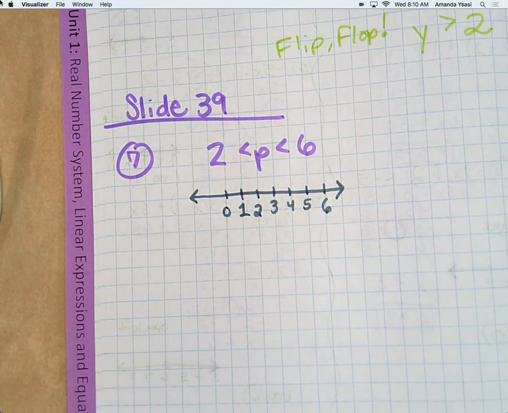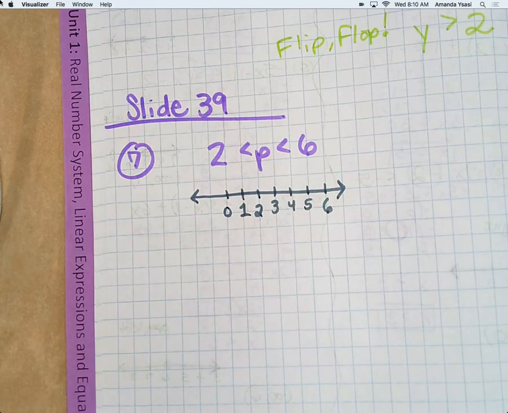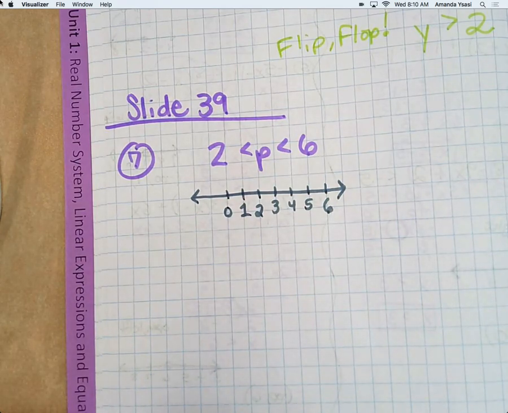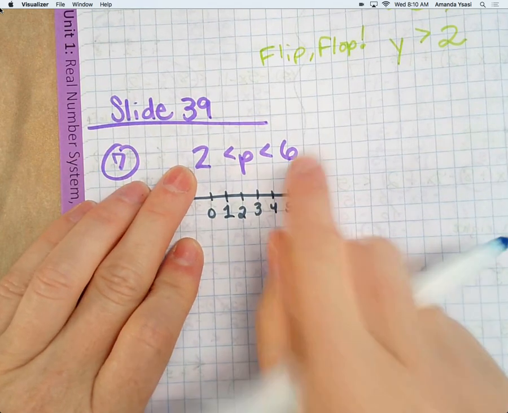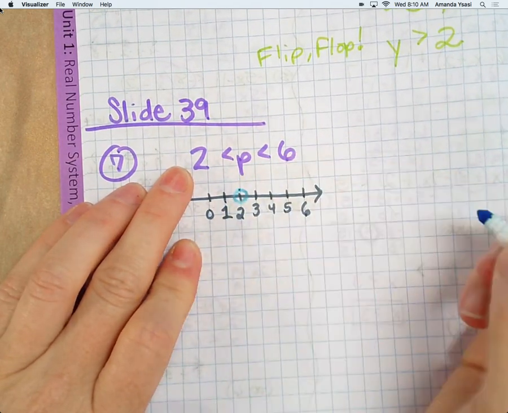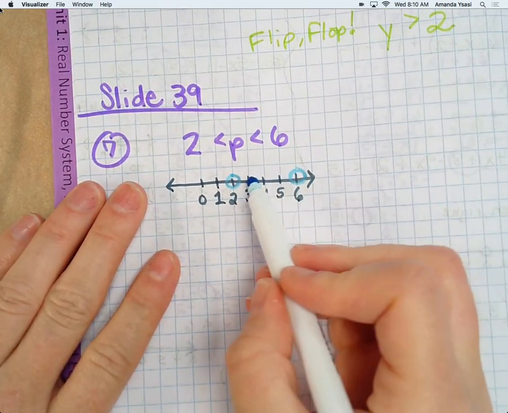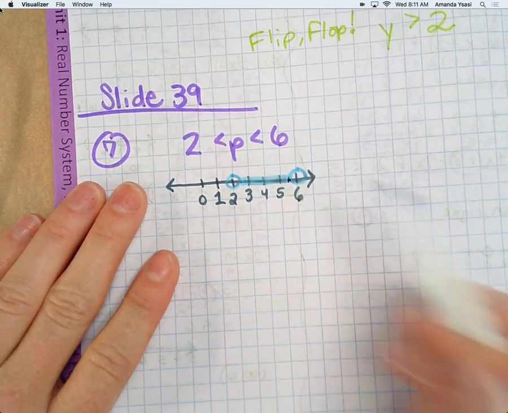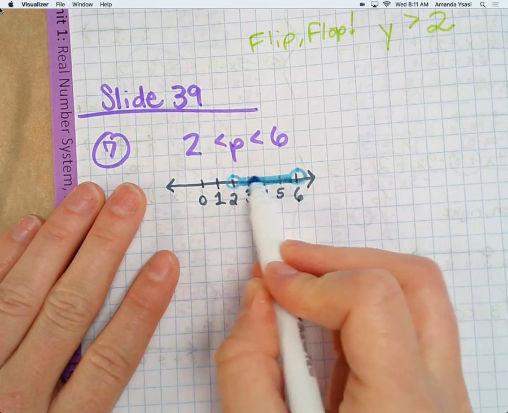So both of these will have open circles. And since it's and, we are going to highlight in between or color between.